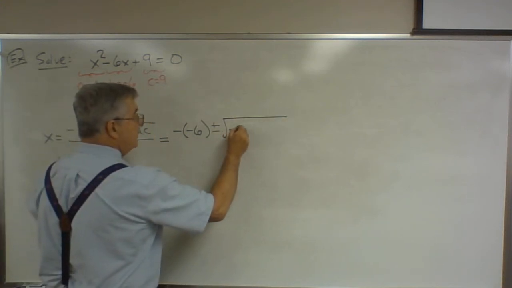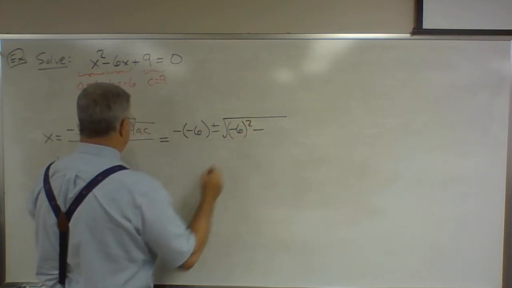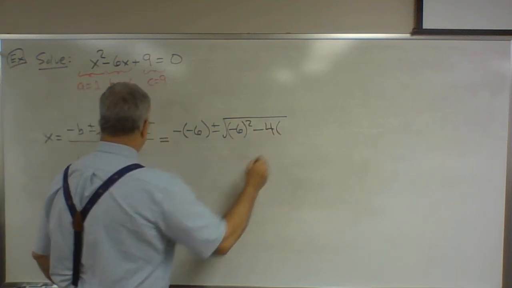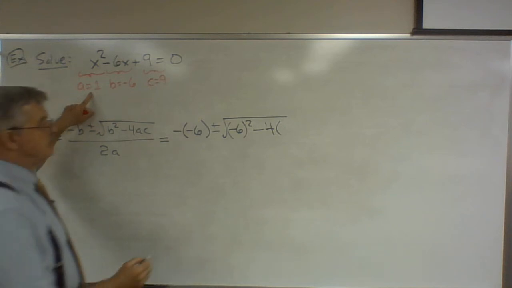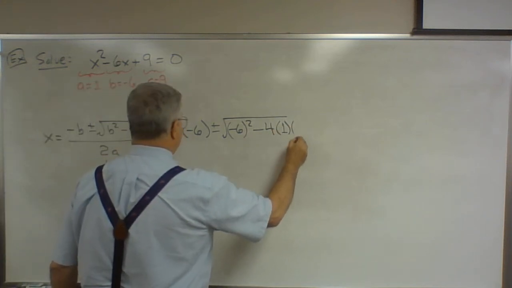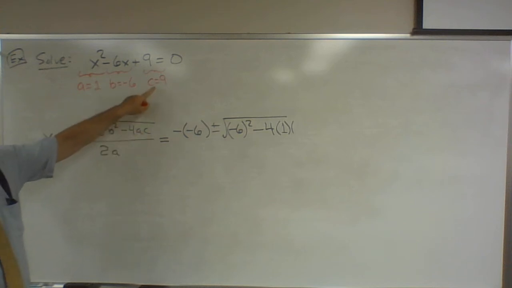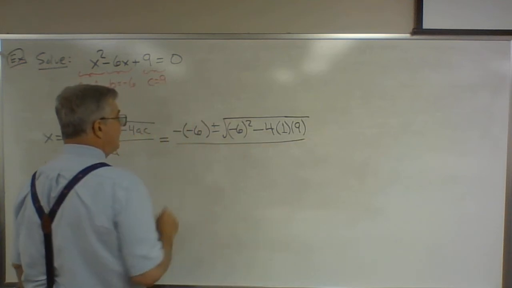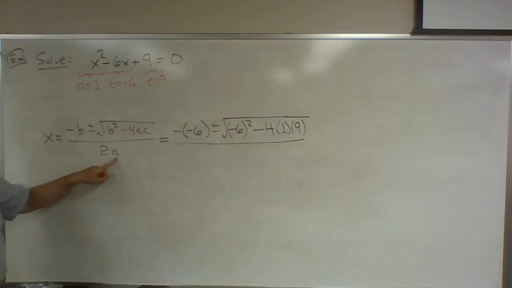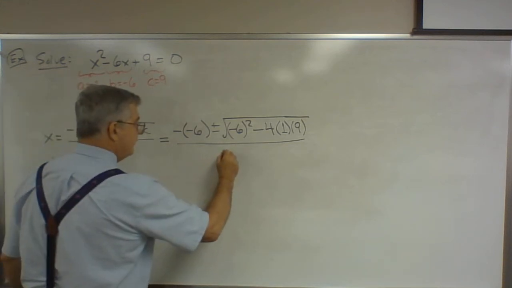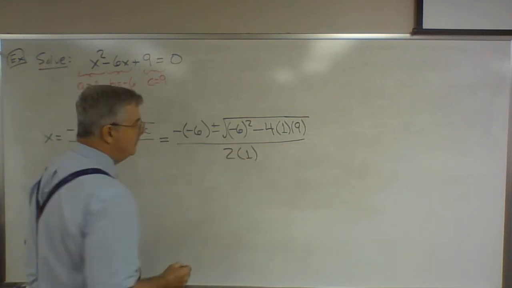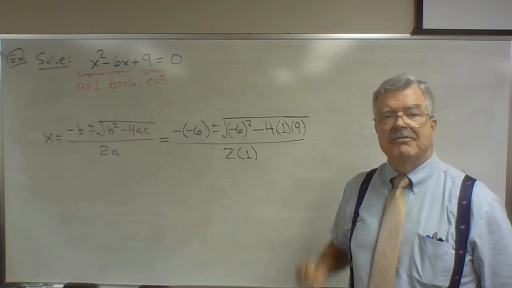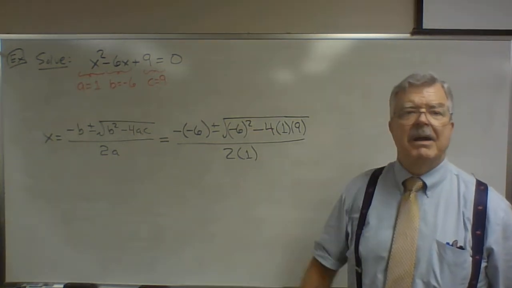B is -6, so we have -6 squared minus 4 times A, and A is 1, times C, C is 9, and we put the whole thing over 2 times A. We plugged in the numbers. Now all we have to do is turn the crank and out pops the answer.